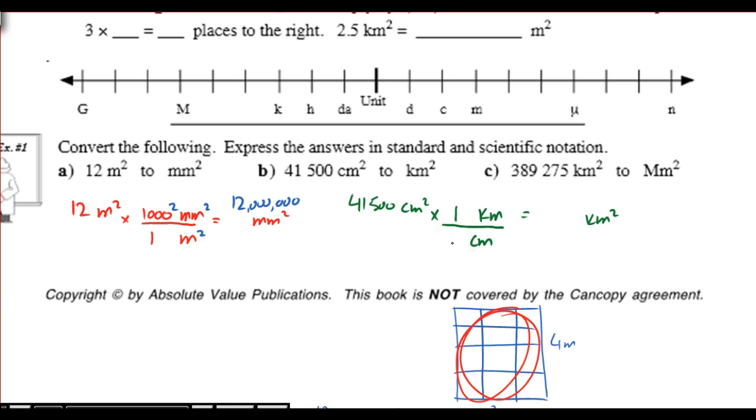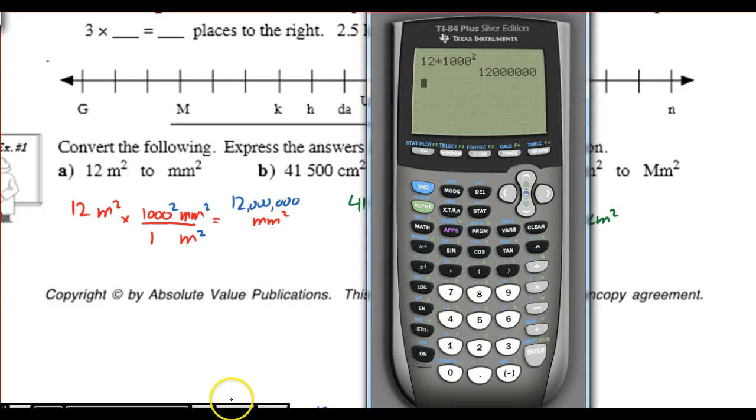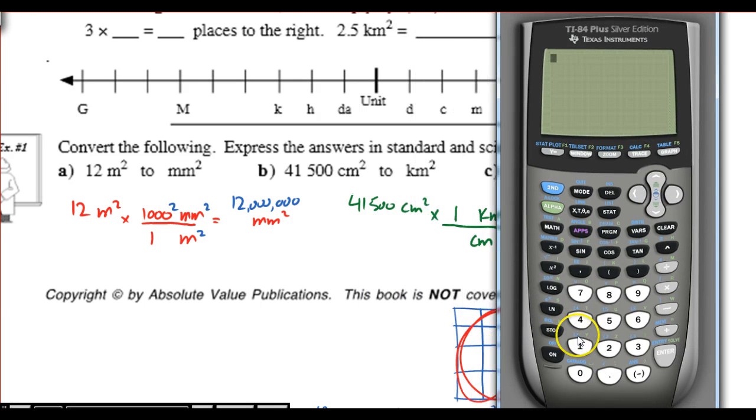1 kilometer is going to be 100 centimeters in 1 meter, and 1,000 meters in a kilometer. So that's 100 times 1,000.